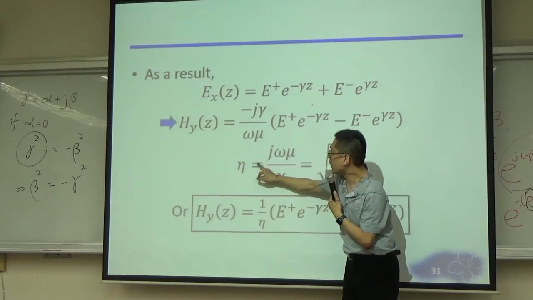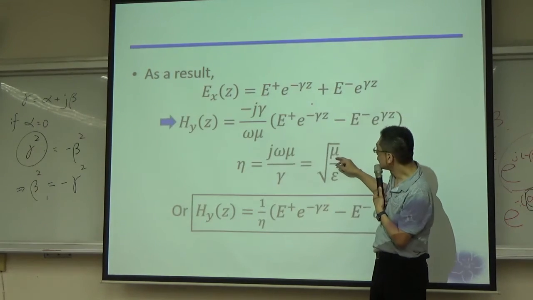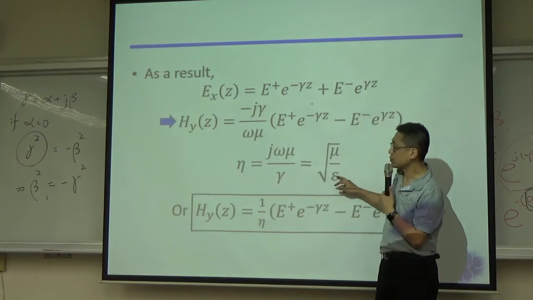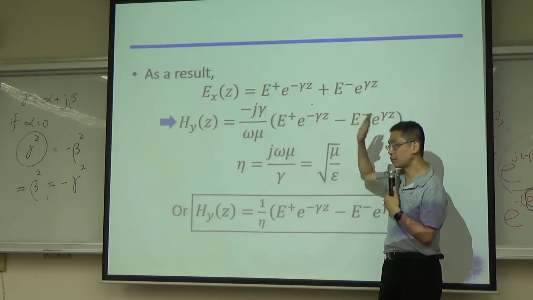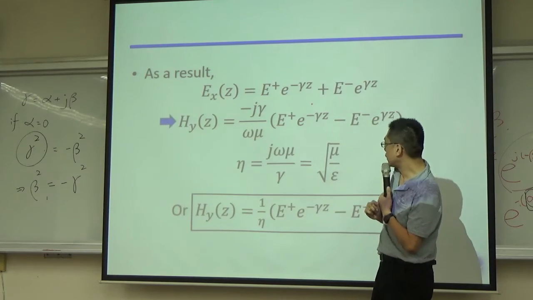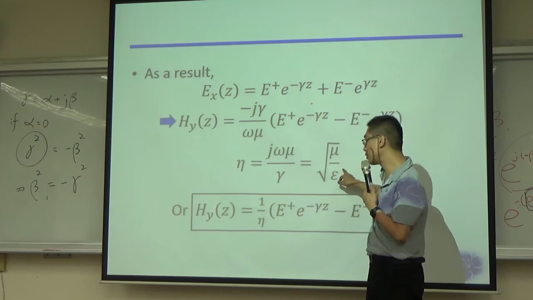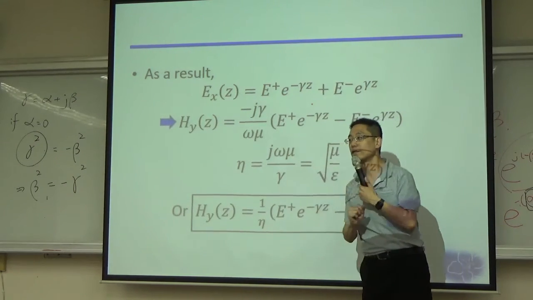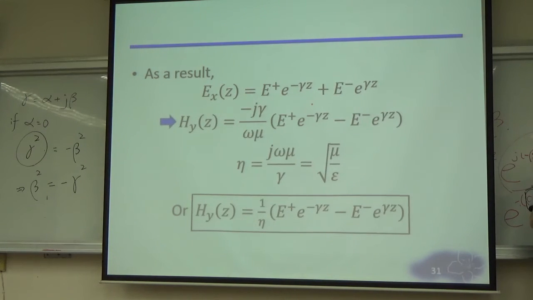So your eta becomes this one and also equals the square root of mu over epsilon. Do everything the same. And for this term, the epsilon, considering the conductivity, this is the lossy epsilon. If you do the lossy case, you need to think about everything in the lossy condition.